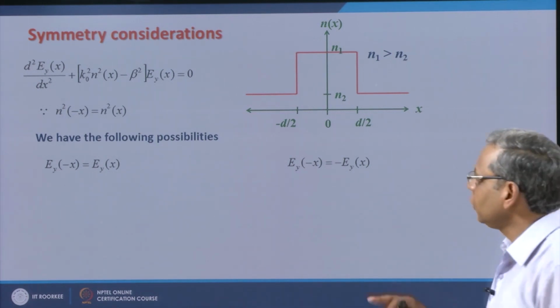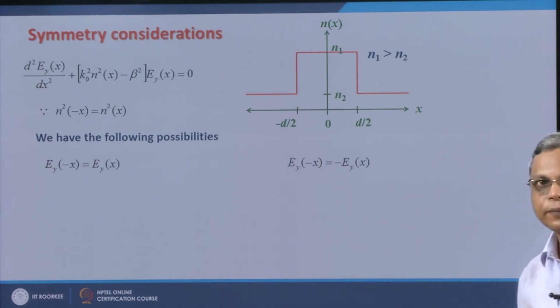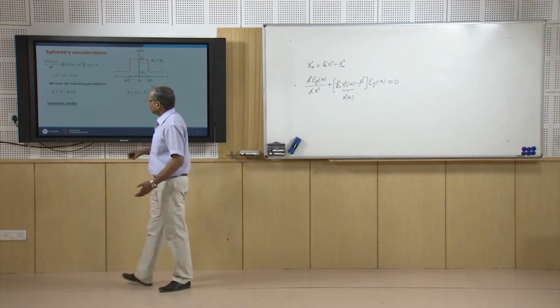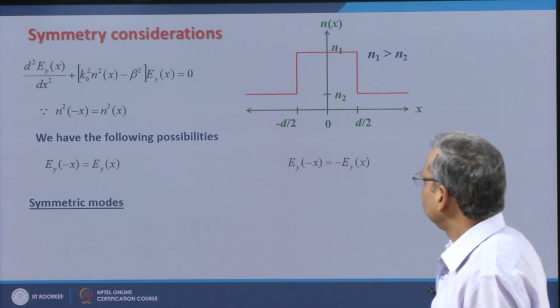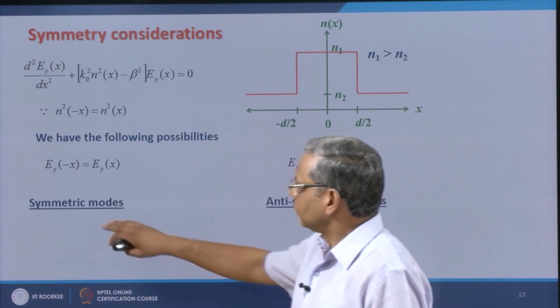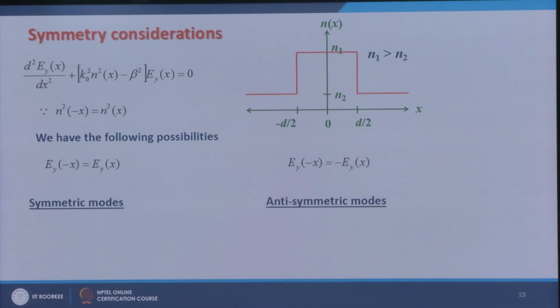So, there are now two possibilities, one is this, another is this, and they are known as symmetric modes because this is the property of a symmetric function, and this is the property of an antisymmetric function. So, these modes are known as symmetric modes and these modes are known as antisymmetric modes.